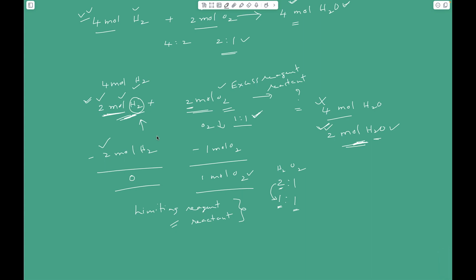So, I hope that gave you an idea about what a limiting reagent is. And when we work out a couple of examples, you would gain more clarity. Now, before we move on to the examples, let me highlight what we discussed so far. Limiting reagent is the reactant that has the most shortage.